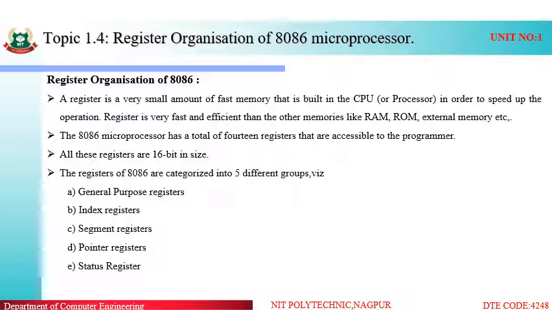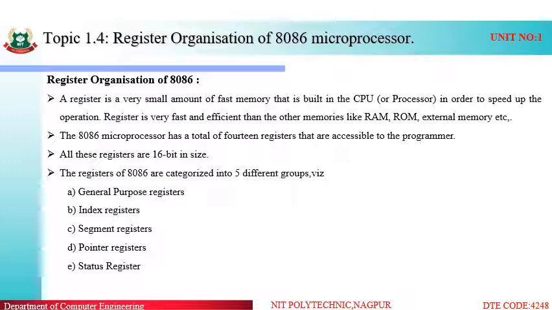So a total of 14 registers are present in the 8086 processor. 14 registers are present inside the processor itself, that is our 8086. All these registers are of 16 bits. Now these registers are classified depending upon the action they perform into different types.